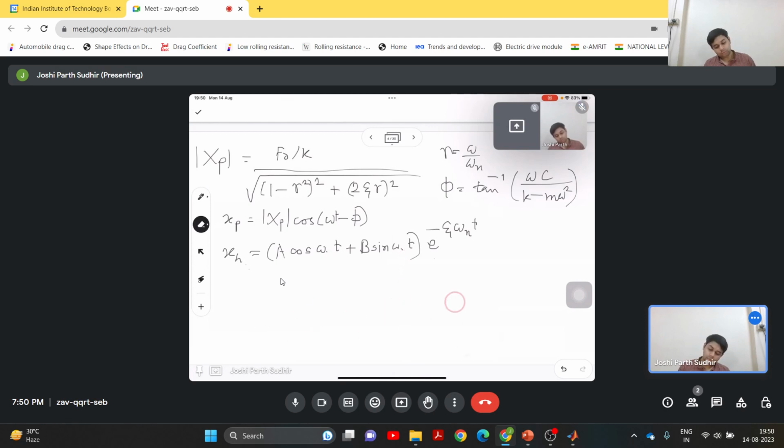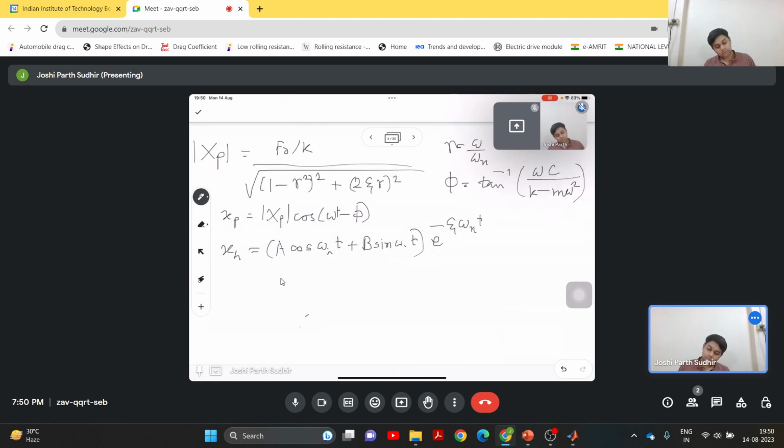So this should actually be the damped natural frequency omega d. This is the solution to the homogeneous differential equation.